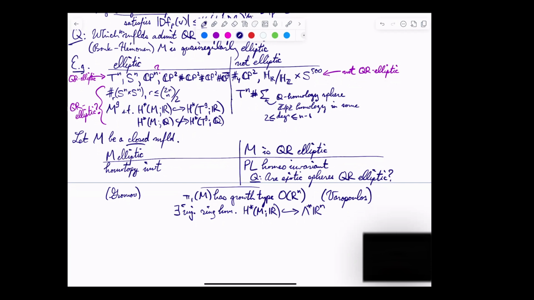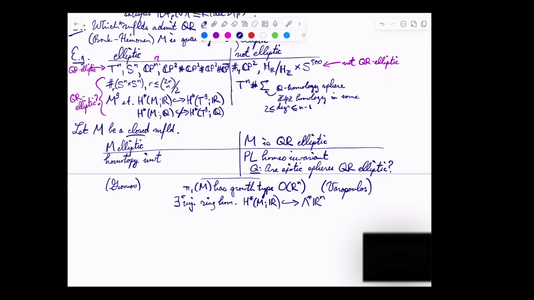So in the quasi-regular case, this follows work of Bonk and Heinonen and of Prywes, but this particular fact is due to Heikkilä and Pankka. And then in the elliptic case, it's a theorem of mine with Sasha Berdnikov and Larry Guth.